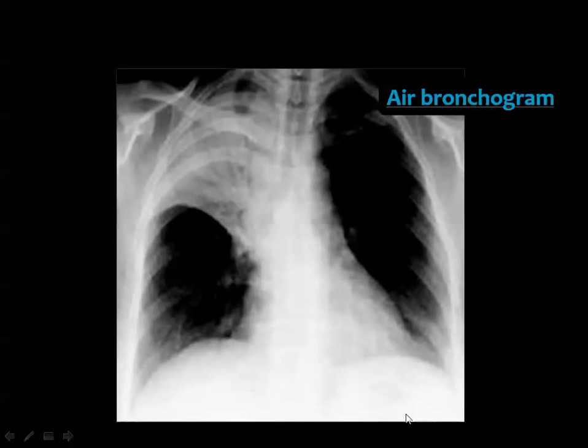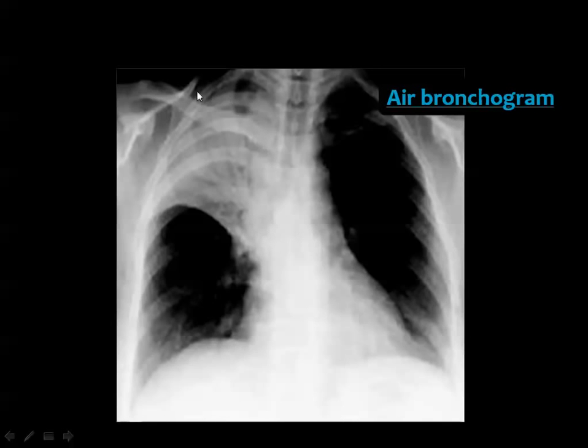The second terminology is known as air bronchogram. By air bronchogram, we mean that there is an opacity in the lung through which multiple linear air translucencies are seen, representing air-filled bronchi.